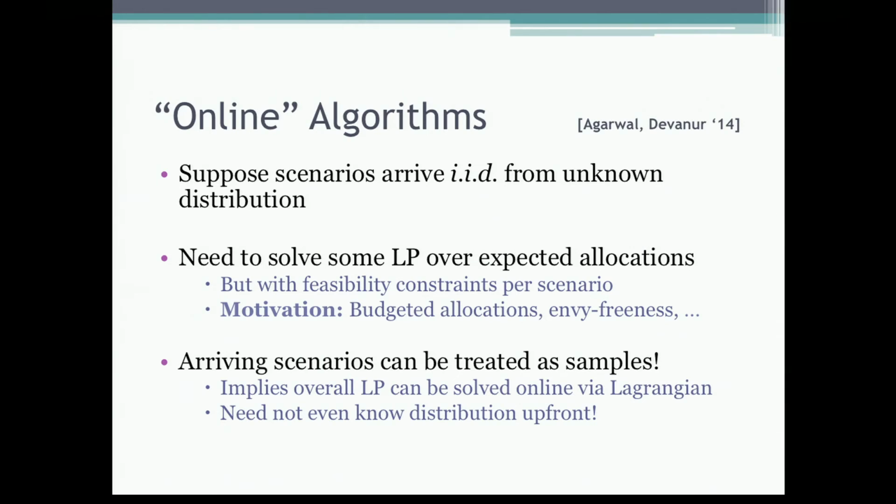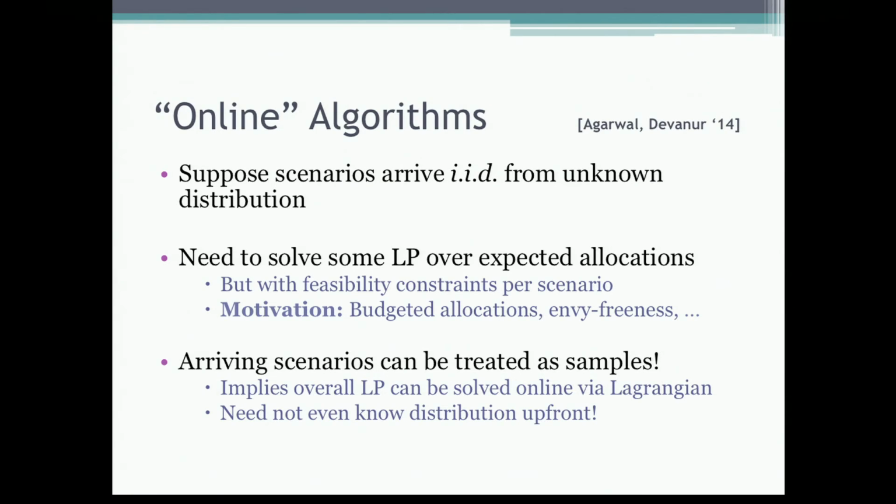So in a sense, you can solve these kinds of LPs online, even if the input is arriving IID from some unknown distribution. I have some unknown distribution, I'm getting inputs from it drawn IID, and I want to solve some LP over expected values. As long as you can always treat your input as being samples, you can estimate whatever Lagrangian you want by just looking at what samples you got.